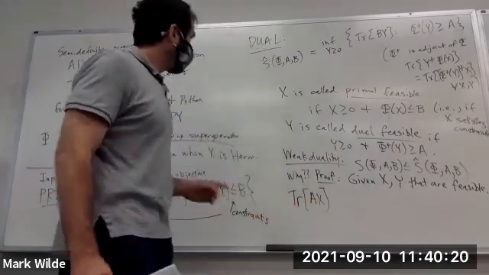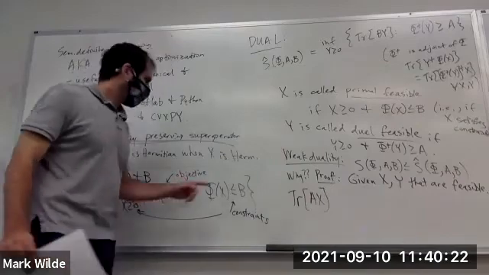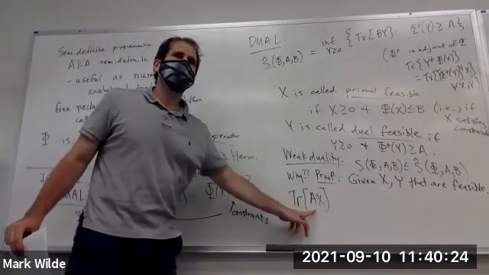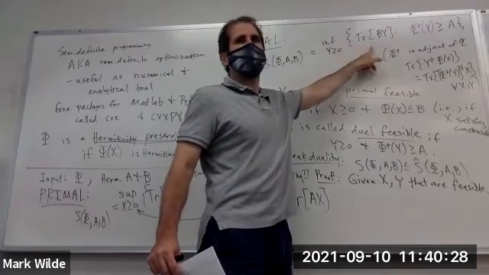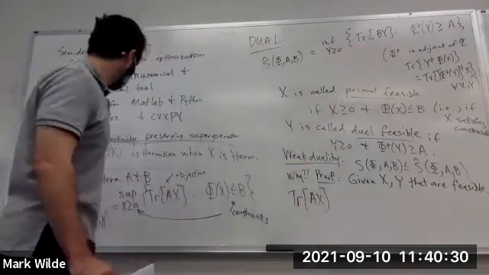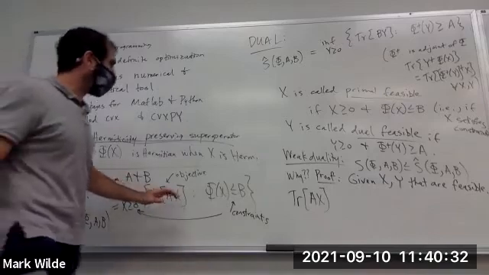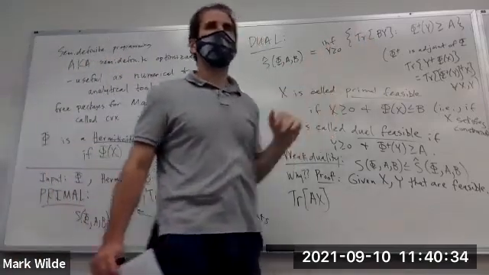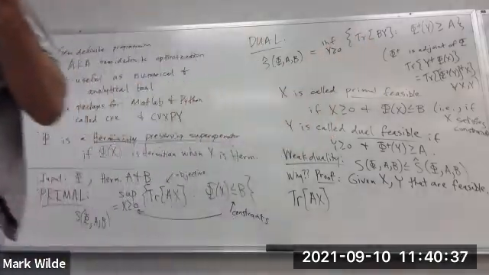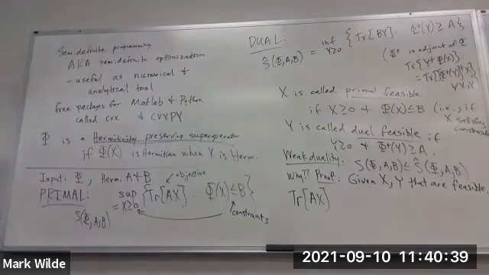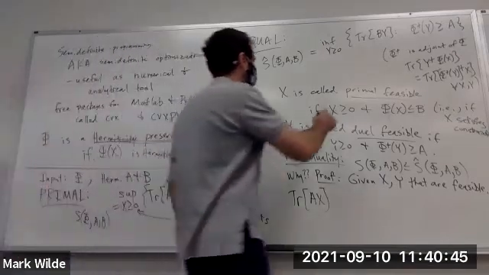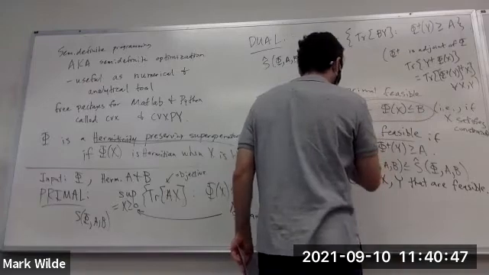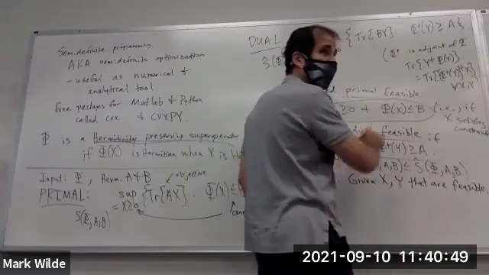So we want to connect the objective function of the primal to the objective function of the dual. We want to show that trace AX is less than trace BY. We made the assumption that X and Y are feasible, so they satisfy these constraints.